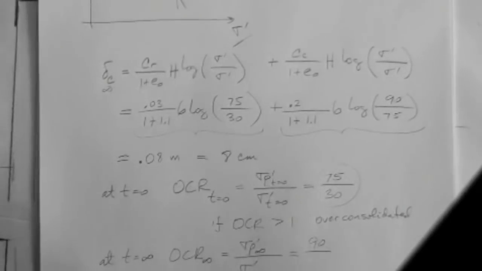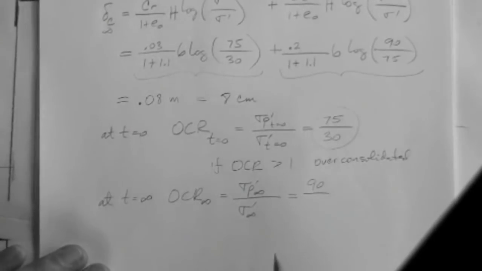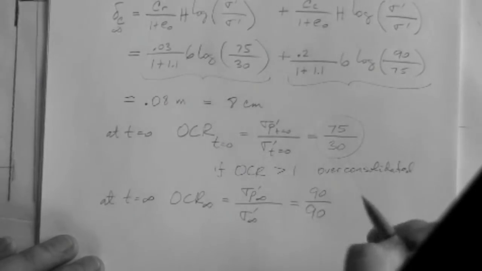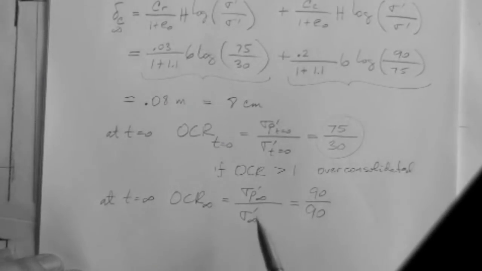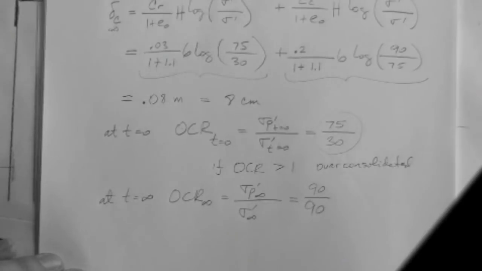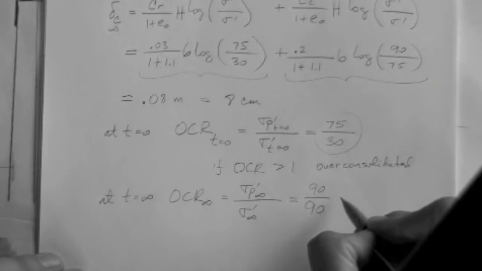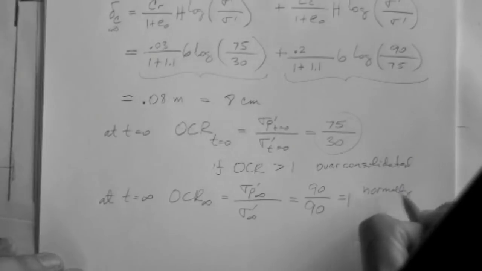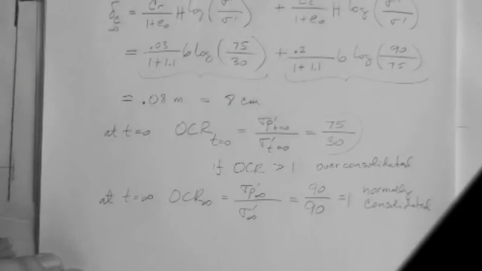And what is the effective stress at time equal infinity? What is it that they're feeling? Yes, they are feeling 90. So it so happens that at that time, the maximum stress that they have ever felt is the same as what they are feeling. So this is 1. This soil is called normally consolidated.